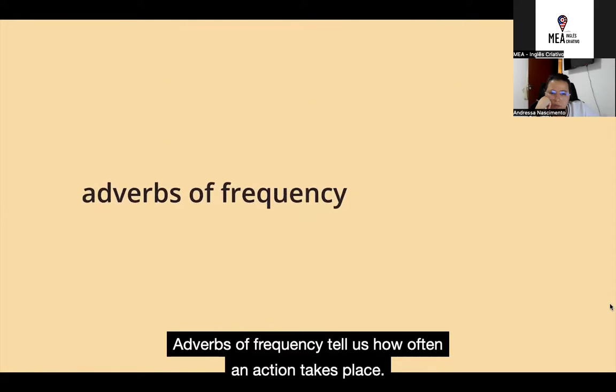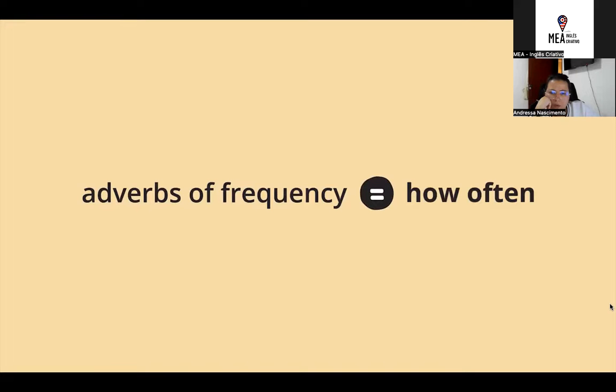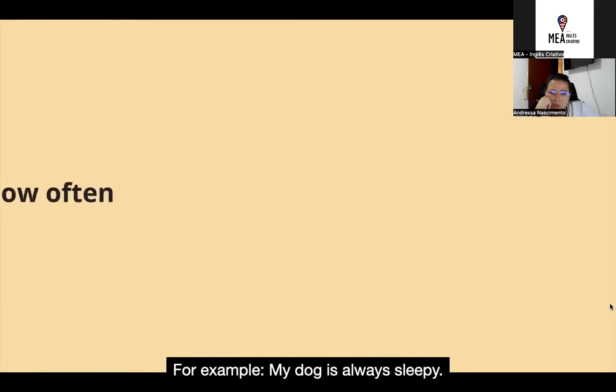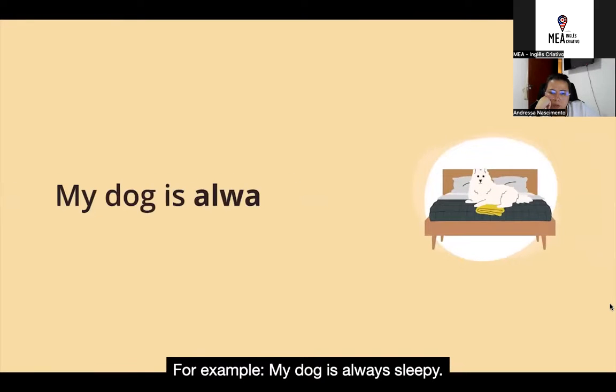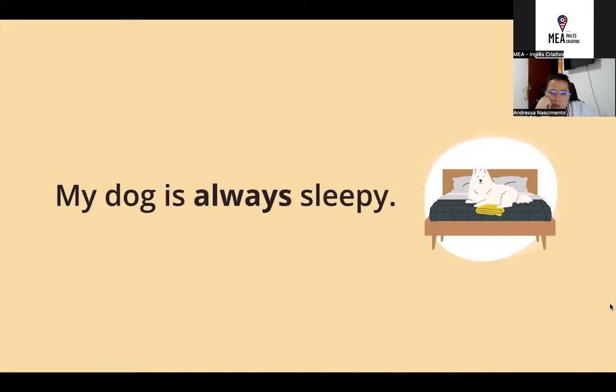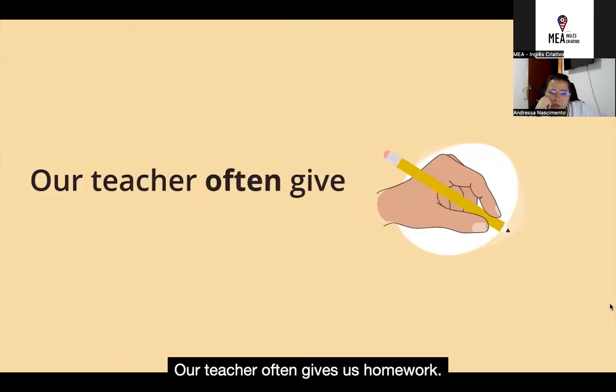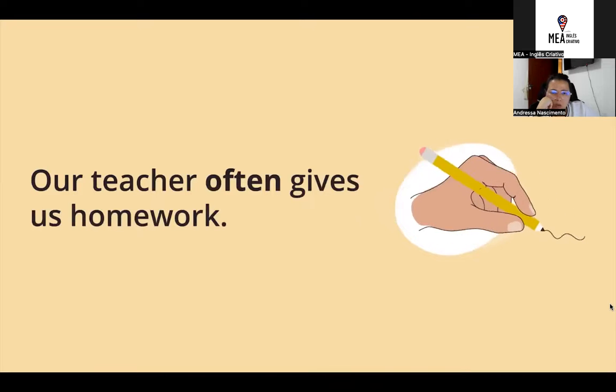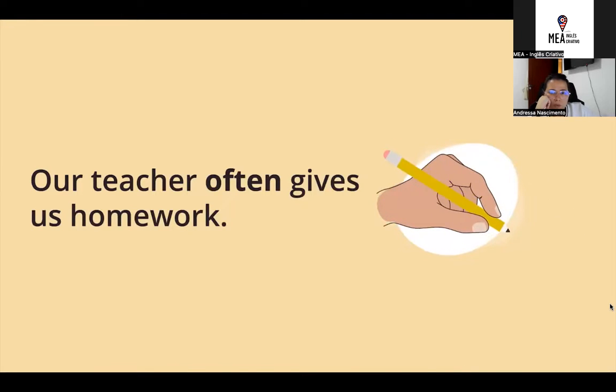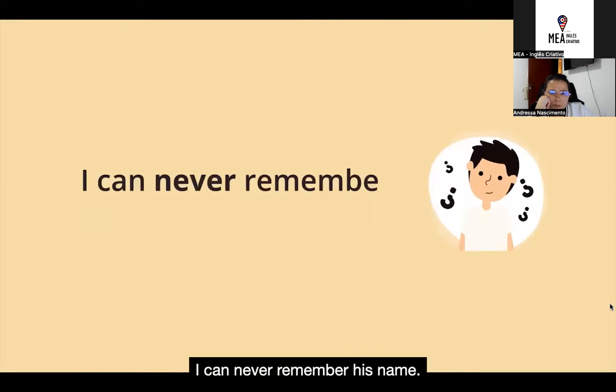Adverbs of frequency tell us how often an action takes place. For example, my dog is always sleepy. Our teacher often gives us homework. I can never remember his name.